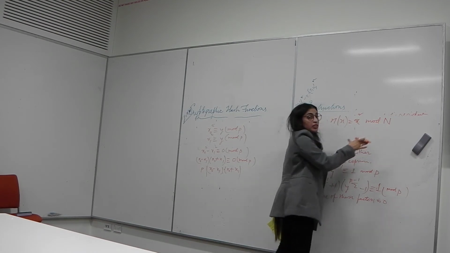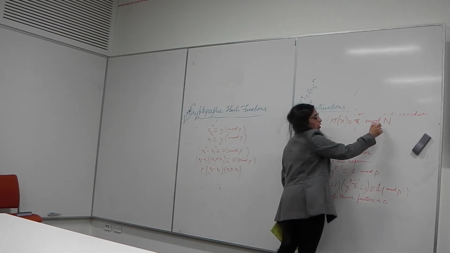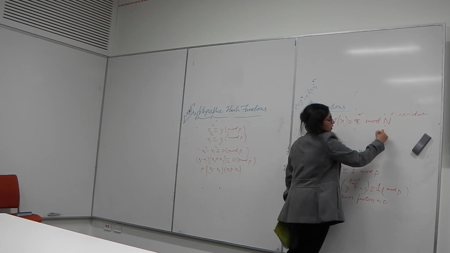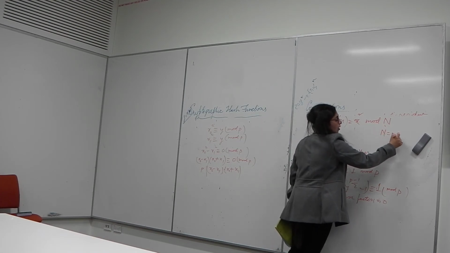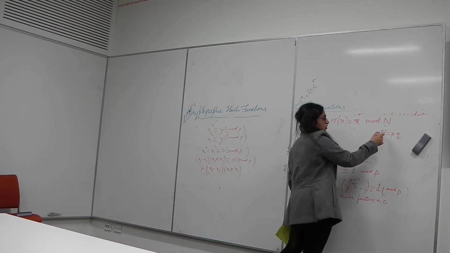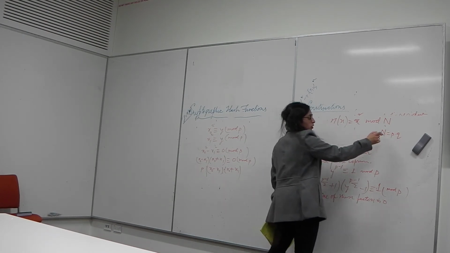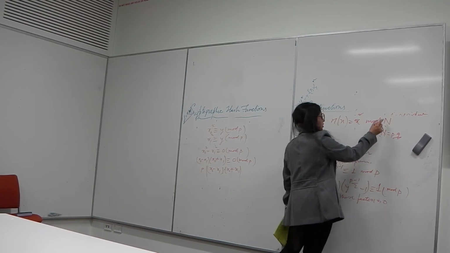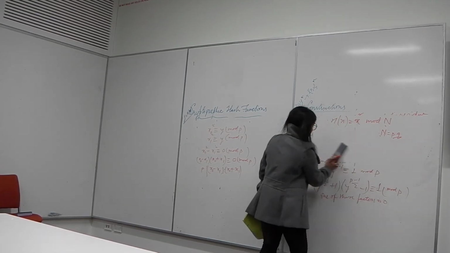This is the hardness of the integer factorization problem, because we don't know the two primes of which n is a product. Since we don't know this, it is very difficult to solve.